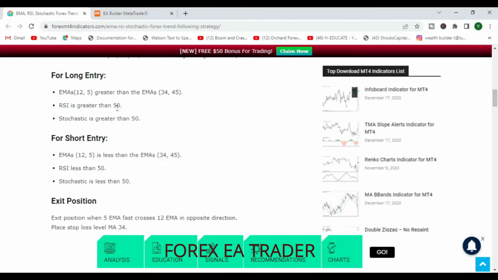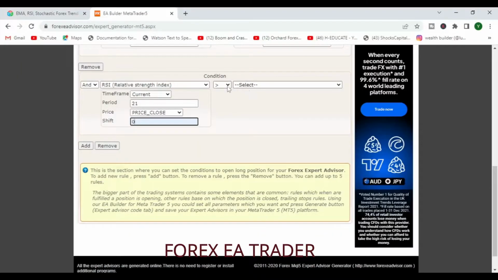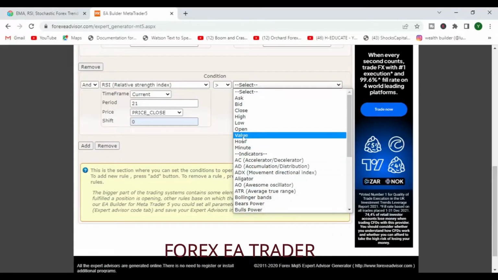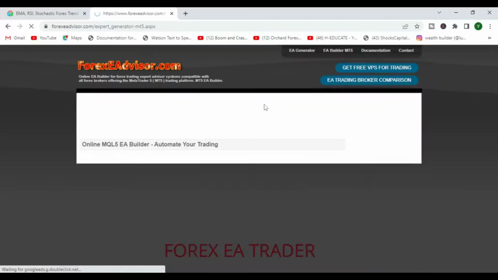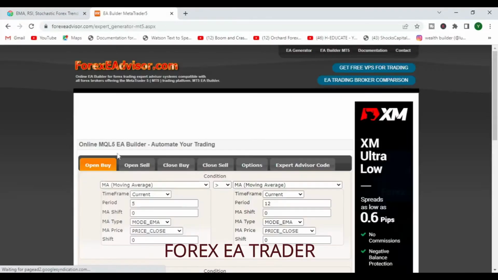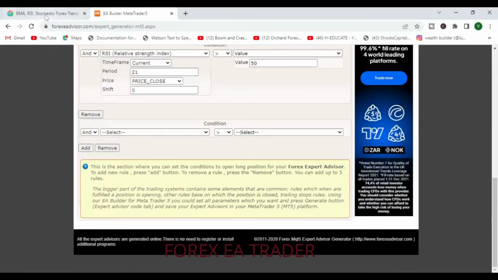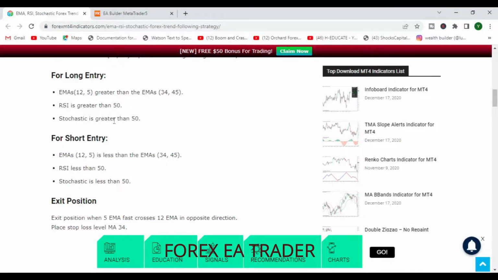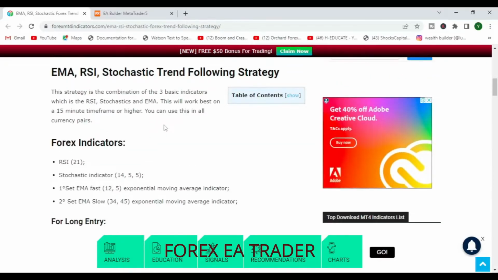That's what it says here. It needs to be above 50. So it's going to be above value. Here we are going to choose value 50. Then the stochastic needs to be greater than 50 as well. That's what it is.